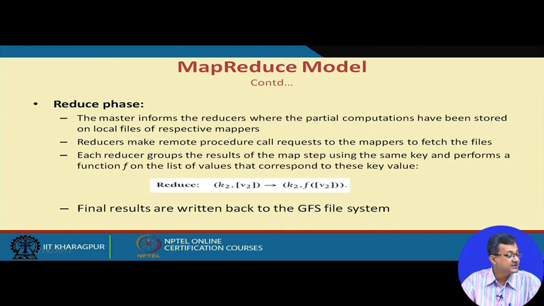In the reduce phase, the master informs the reducer where the partial computations have been stored on the local file systems of the respective mappers. So, in the reduce phase, the reducer consults the master, which informs it where its related files are stored corresponding to every mapper function. The reducer makes remote procedure calls to the mapper to fetch the file.